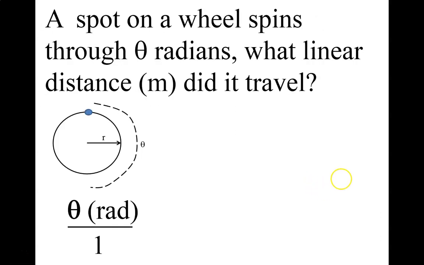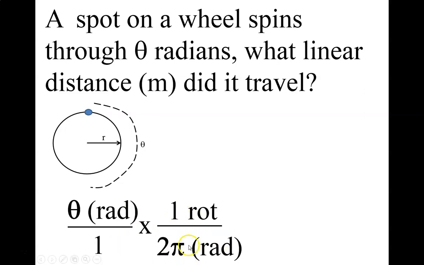So let's say we travel through theta radians. What linear distance does that point on the wheel travel? We know if it traveled 2 pi radians, it would have gone 2 pi r meters. Let's use a little factor label to solve this. So theta radians. Every 2 pi radians, it travels one rotation.